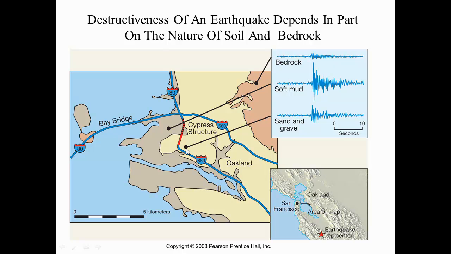There's also quite a bit of ground shaking at the location underlain by sand and gravel, whereas the amplitude is very, very low for the seismograph station located on solid bedrock. And this is a good demonstration of how the nature of the soil and bedrock has a lot to do with the overall amplitude of ground motion.